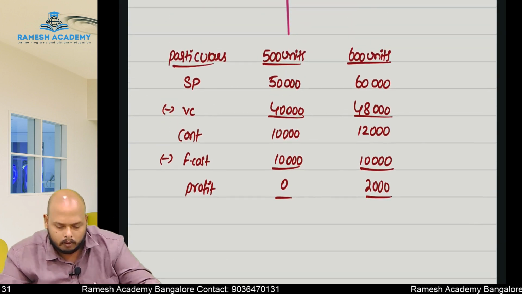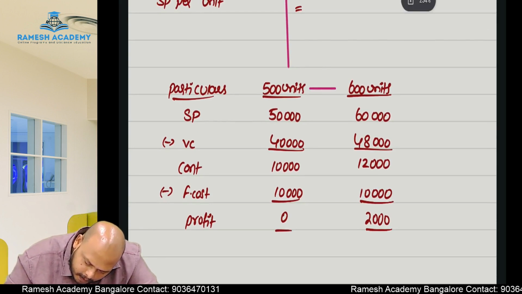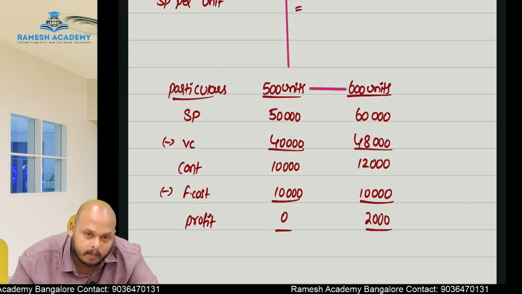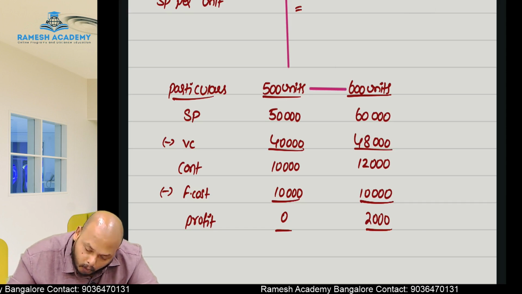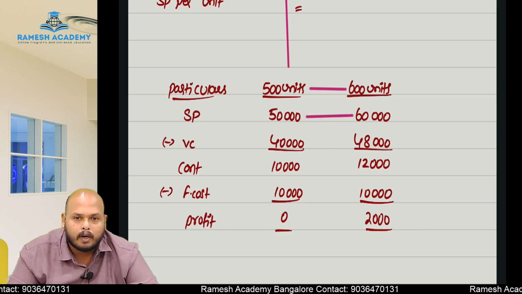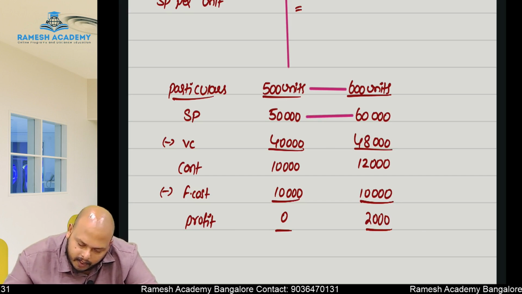Now if you see, the difference between these two is called margin of safety quantity, the difference between these two is called margin of safety value, and this is called margin of safety profit.